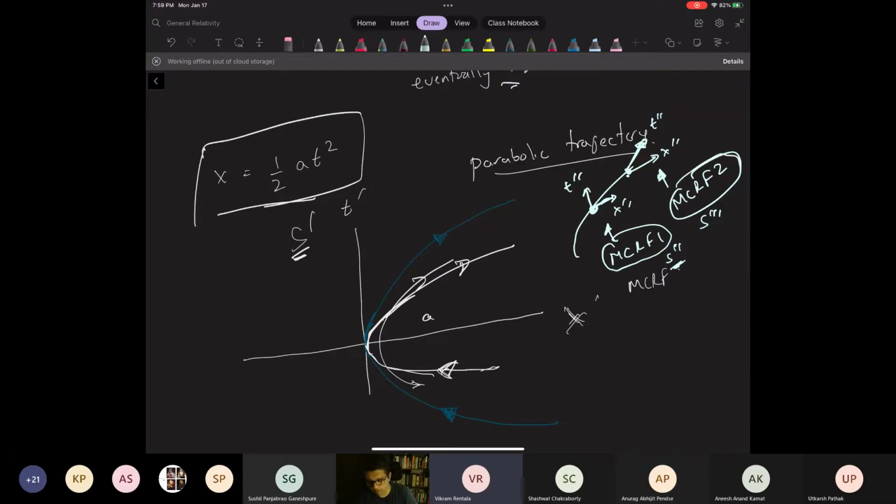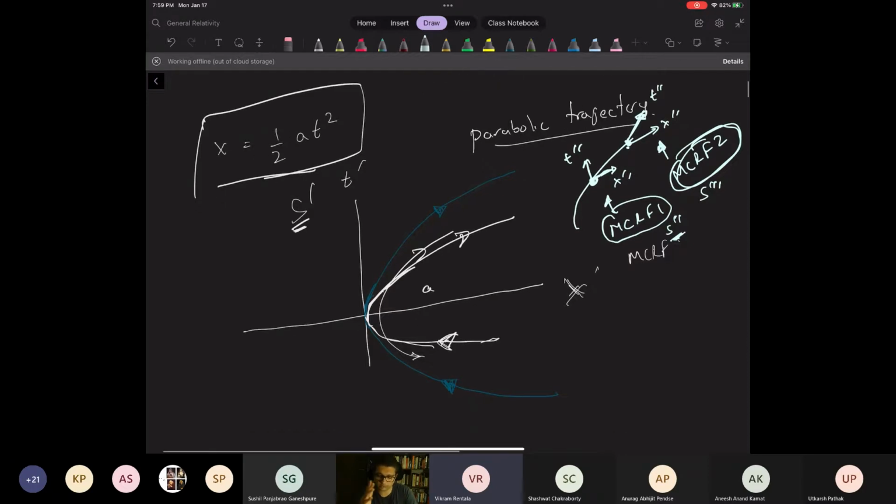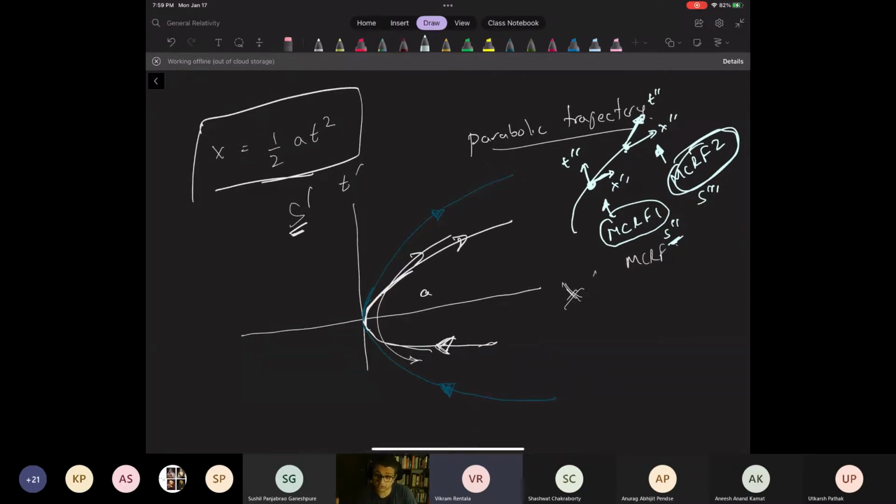I switch over to a new inertial reference frame. Why do we keep switching to inertial reference frames? Because we know that the Minkowski transformations are valid only between inertial reference frames. That's why we have to keep switching to different inertial reference frames. That's the only law that we're sure of, of what physics looks like for different inertial observers.